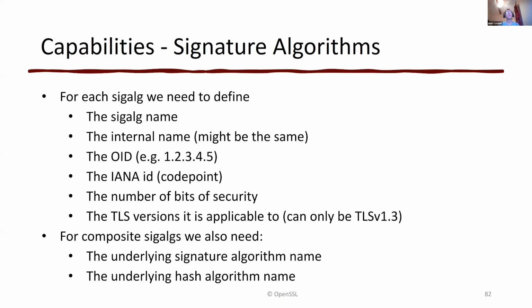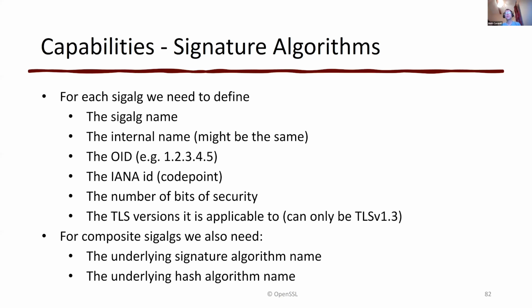So for each one of these that we're going to create, we need a name, and like with groups, we might have an internal name. It could be different. There's an OID, so these are the sort of dotted decimal numbers that you see associated with these algorithms. It needs a code point from the registry, and we need to know the number of bits of security and the TLS versions that it's applicable to.